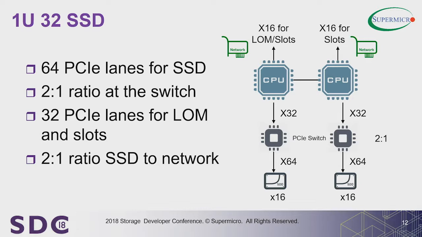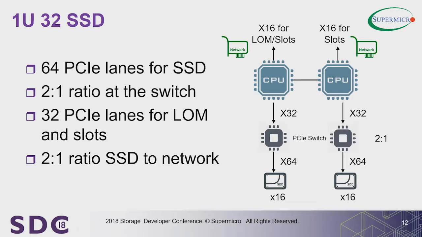What you find is now we only have a 2-to-1 ratio on our switch. This is really nice. Now we're getting much closer to that nice ratio of NVMe with a 2-to-1 ratio, so it's not quite like sucking through a tiny coffee straw. We've got a much bigger straw to suck through. So this is a nice ratio to have, I think, with PCIe.